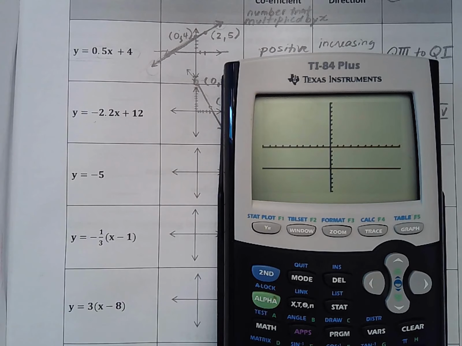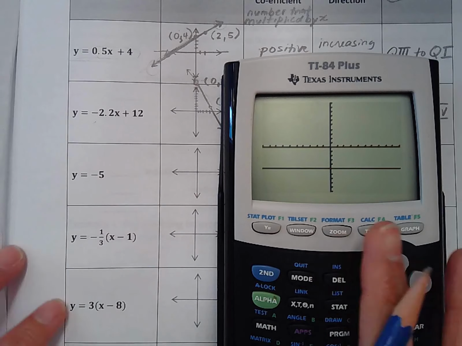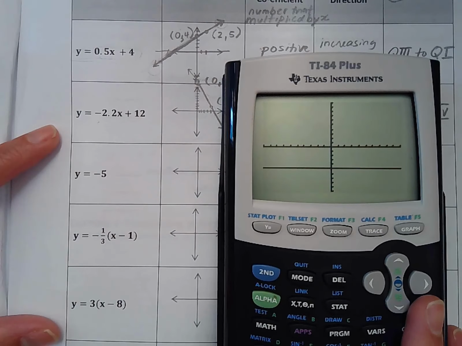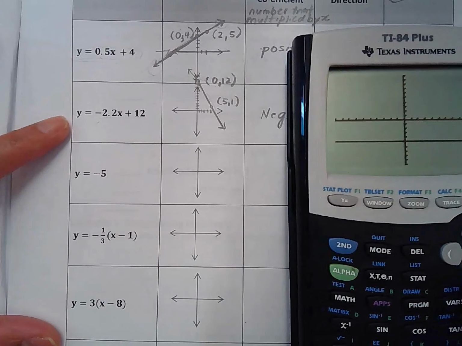Okay, y equals -5. What's happening to that line? It's flat. When something is flat, that means it has 0 slope. It's not sloping to the right, and it's not sloping to the left, right? It's flat. So to be specific, what's our point?